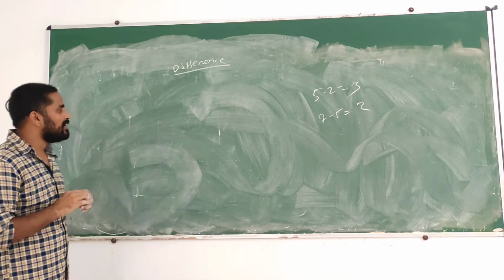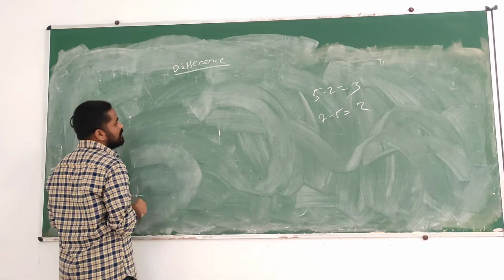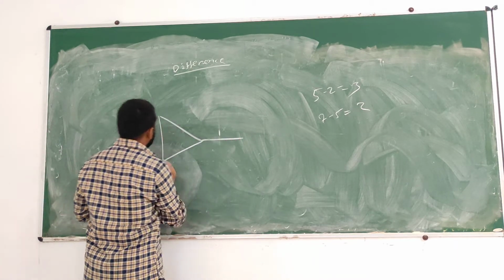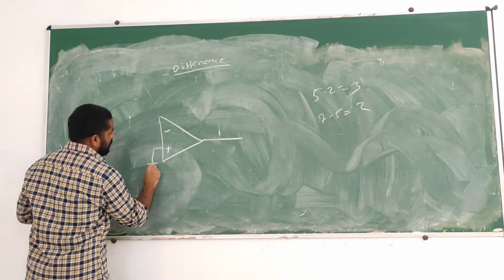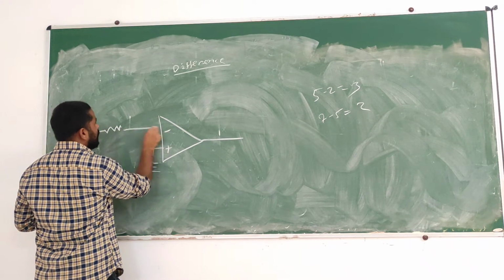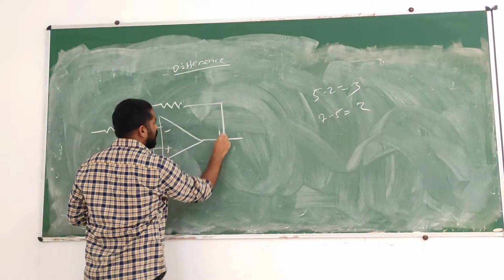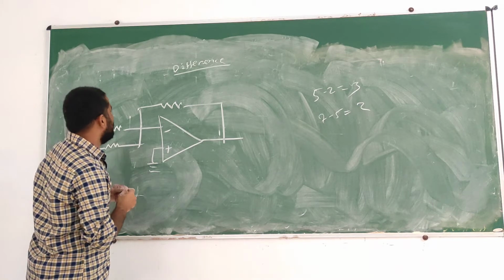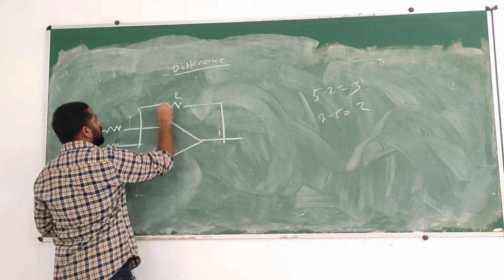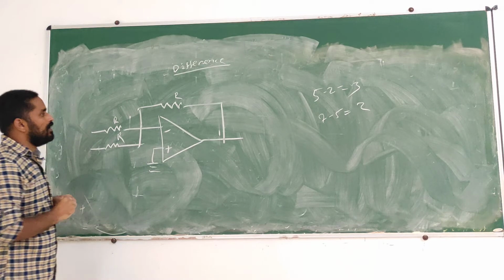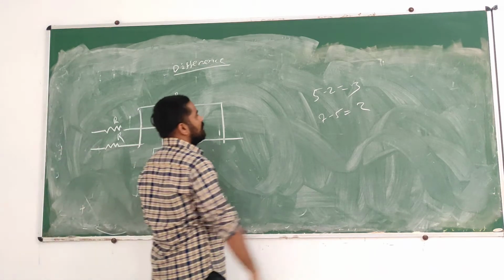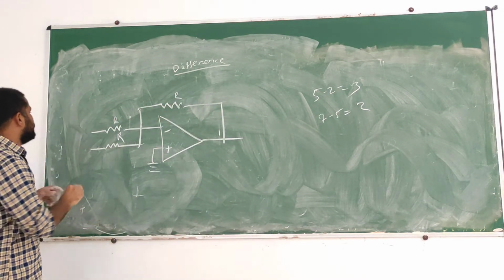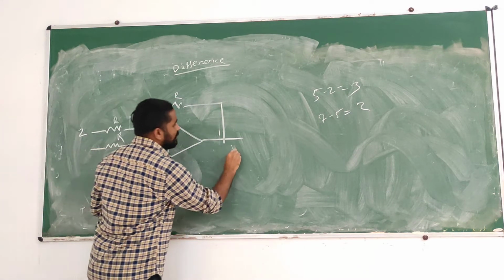Now if you do it with the inverting amplifier, what do you need to do? We make the inverting amplifier and keep the same R. If you keep 2, the output will be minus 2.